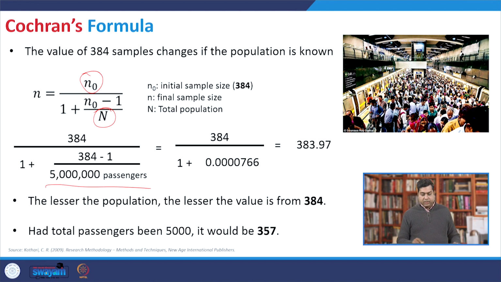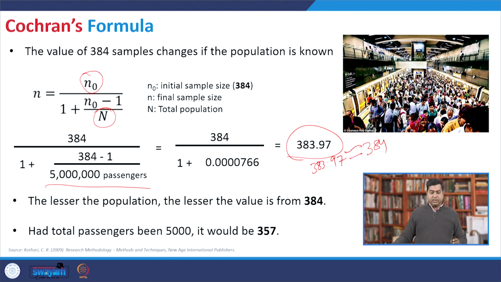If you do it, you will end up with 383.97. If you make it a whole number, it will be 384. So why do we require to do this?